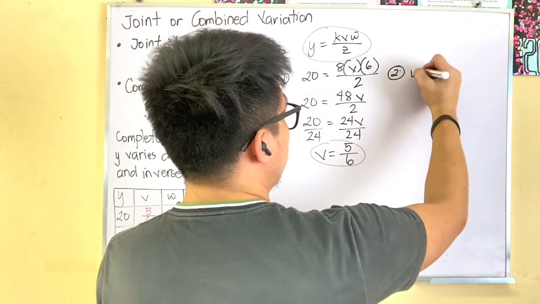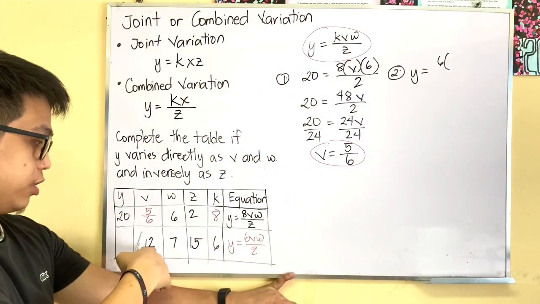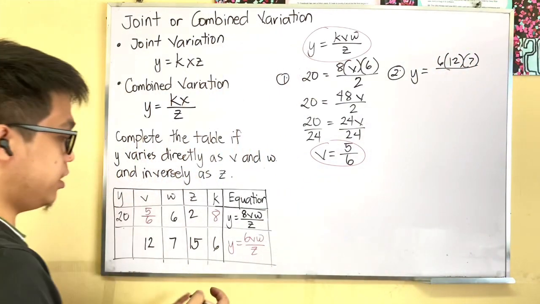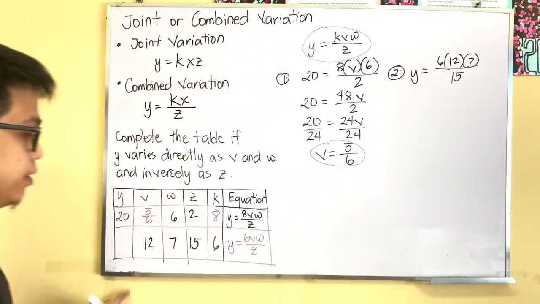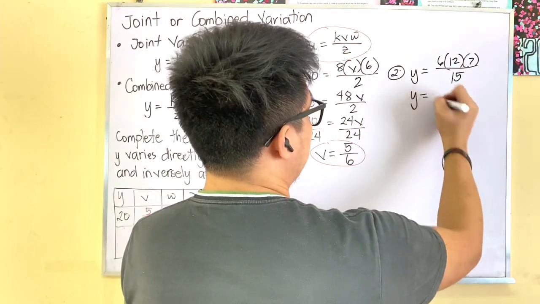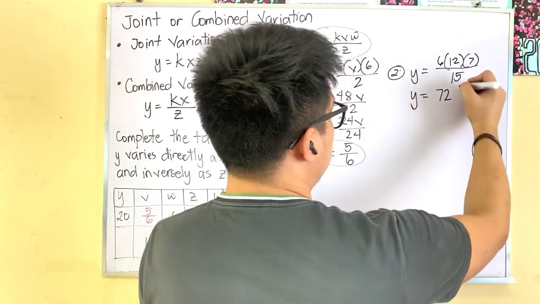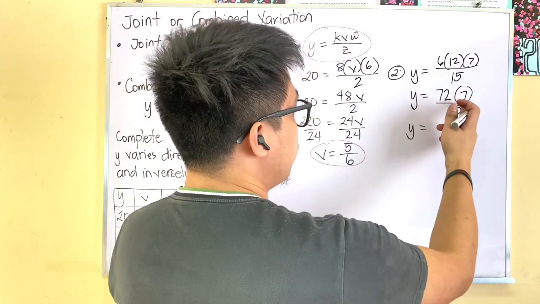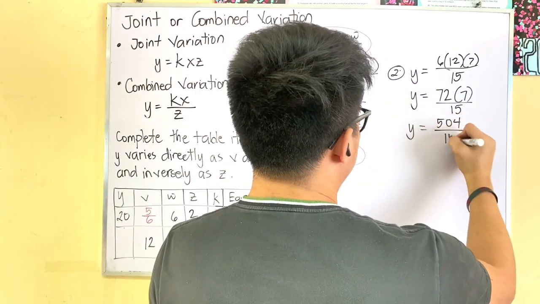So, substitute lang natin. Y is equal to K, which is 6, times V, which is 12, W, which is 7, and Z, which is 15. Sinubstitute lang natin lahat ng values. So, Y is equal to 6 times 12 is 72 times 7 all over 15. Y is equal to 72 times 7 is 504 divided by 15.